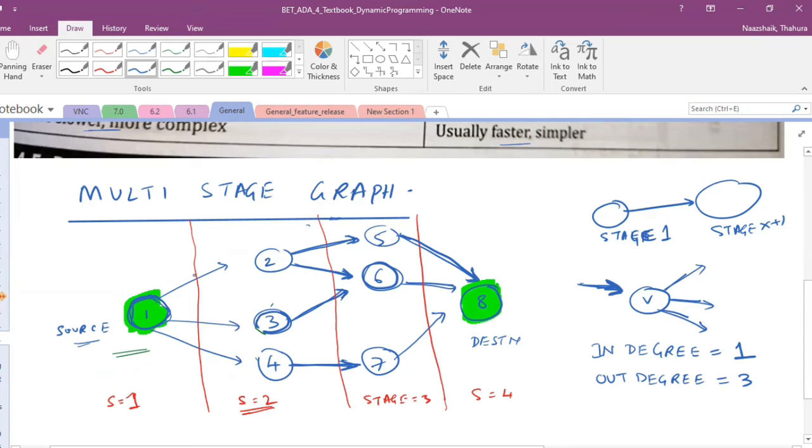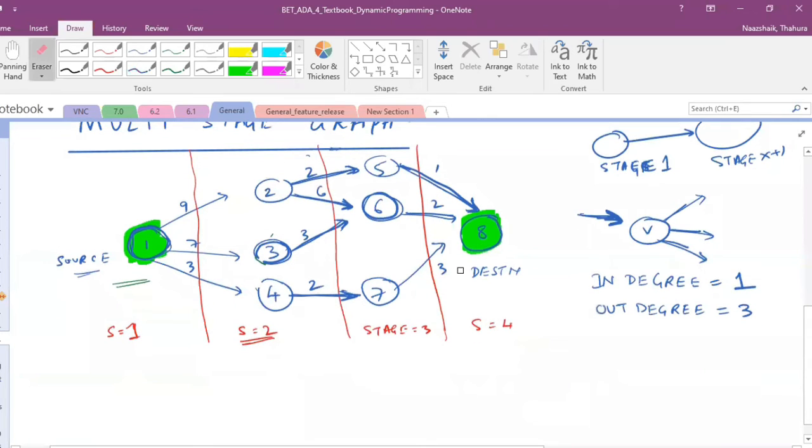This means you have a cost on these edges. Say 3, 2, 6, I'm just giving some costs, 1, 2, 3. Each of the edges carries some cost. You need to find out the best way to go from source to destination.